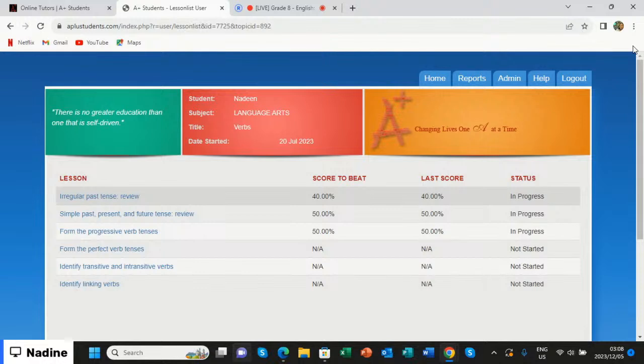And then we're also going to do simple past, present, and future tense. And then we're also going to focus on the progressive verb tenses. So those are the lessons that we are going to be focusing on under the chapter of verbs: irregular past tense, simple past, present, and future tense, and how to form the progressive verb tenses.